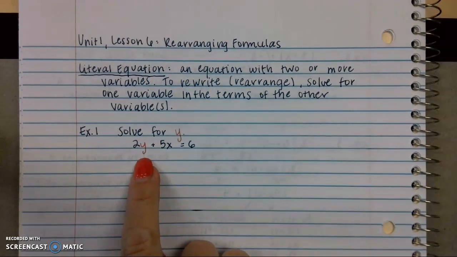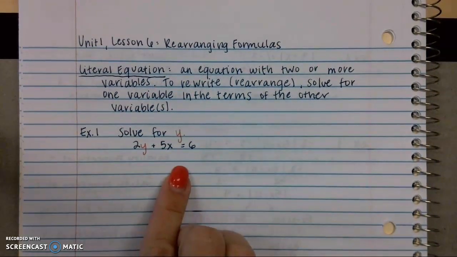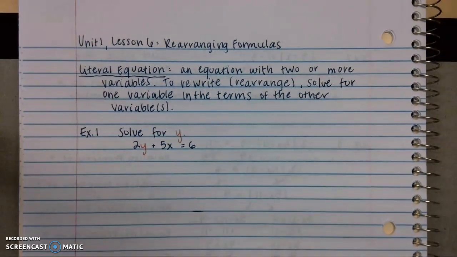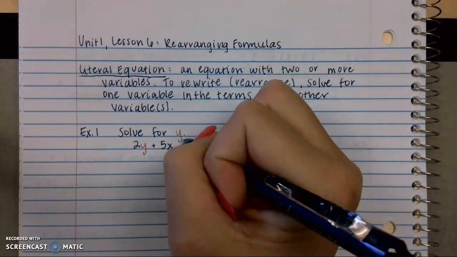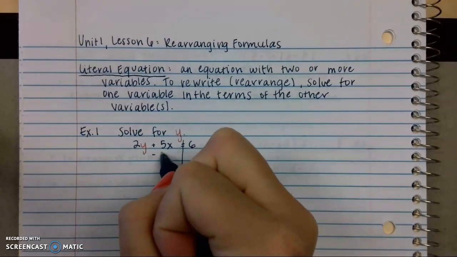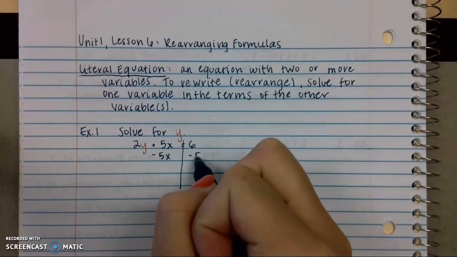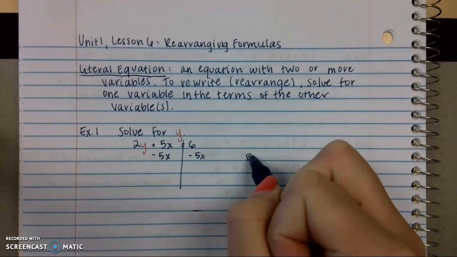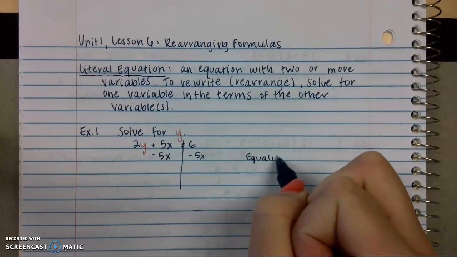We want to get this variable here all by itself and be careful to not combine any unlike terms. Okay, so what I'm going to do is subtract 5x from both sides. That's the equality property of subtraction.